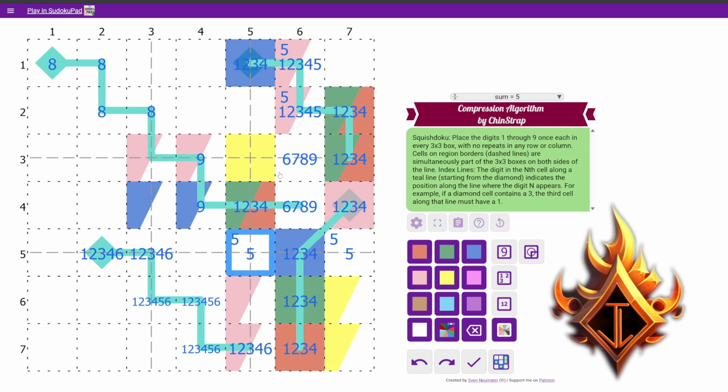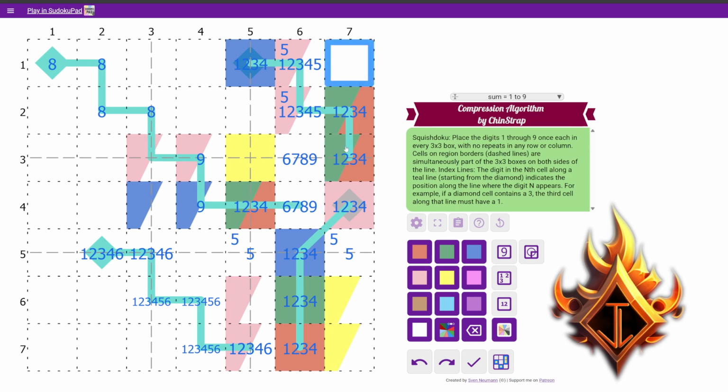So this cell could be a 5. What about this one? This one, it could be down here as well then. This one will need to make an appearance in both.